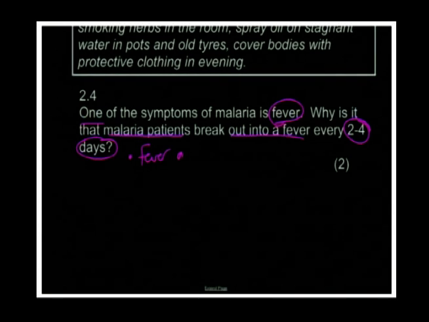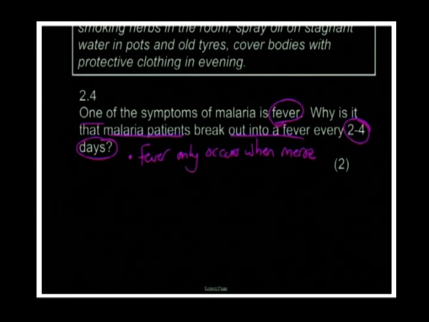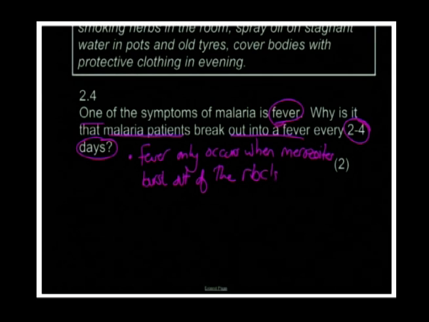Fever only occurs when the merozoites burst out of the red blood cells.